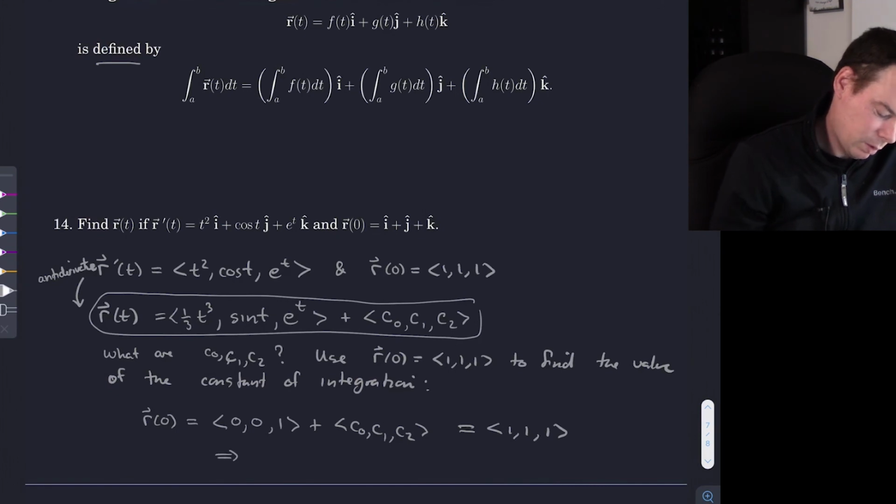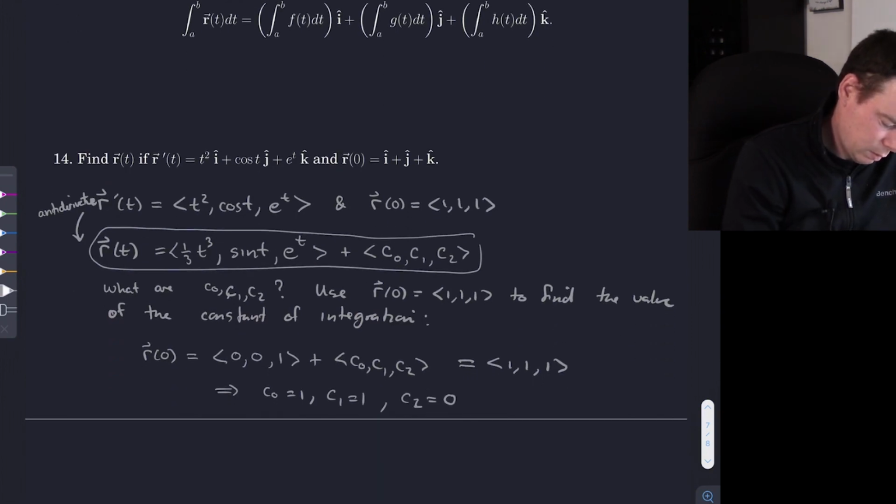So now we just compare. I need 0 plus C0 to be 1, so C0 is equal to 1. I need 0 plus C1 to be 1, so C1 is equal to 1. And I need 1 plus C2 to be 1, so C2 has to be 0.